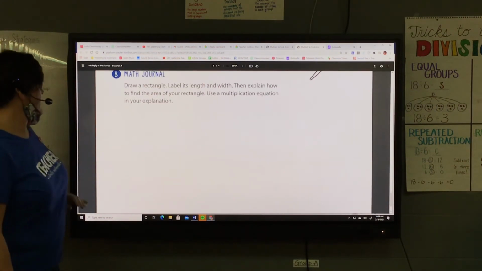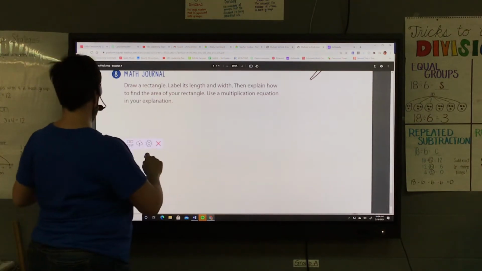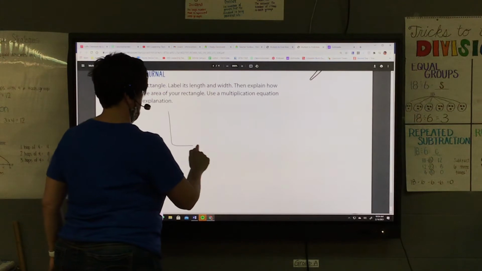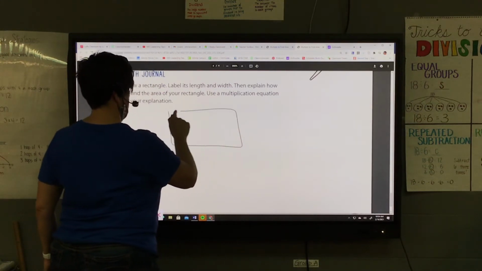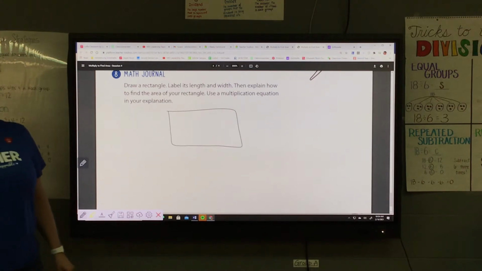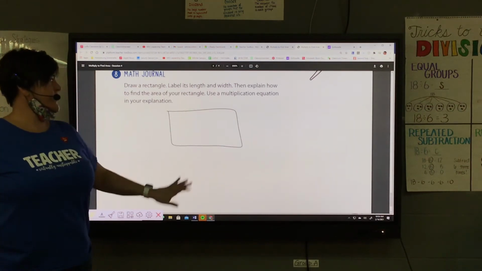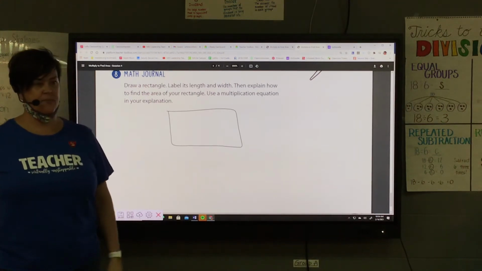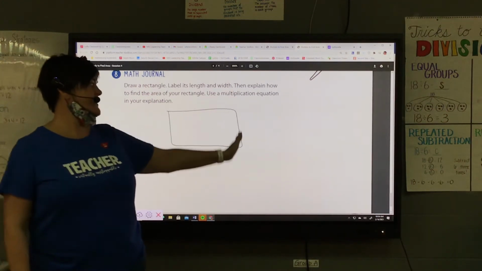This one, you are drawing a rectangle. So go ahead and do that. Draw a rectangle. I want you to label its length, so give it a number for its length, and then label its width.